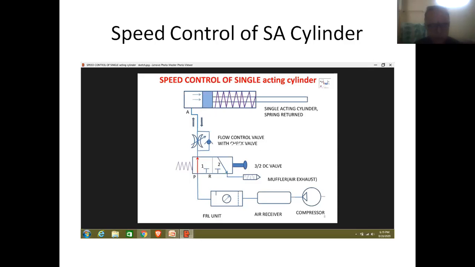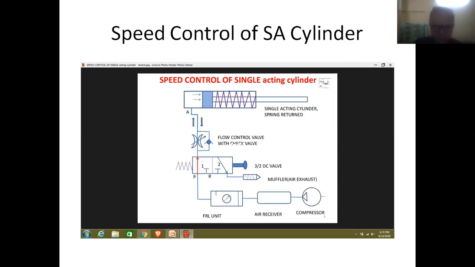So for reducing the sound intensity of the fluid, generally the exhaust pipes of pneumatic circuits are fitted with mufflers. So friends, this is the arrangement of this circuit.